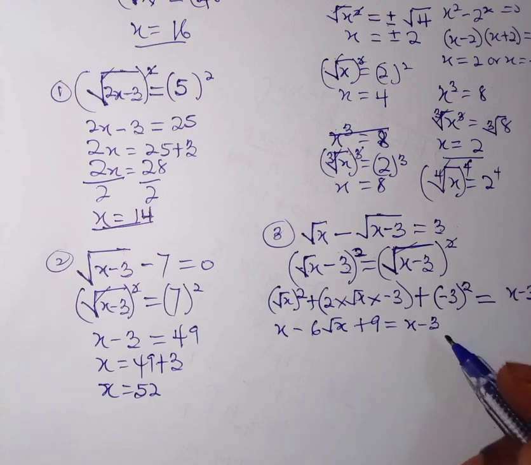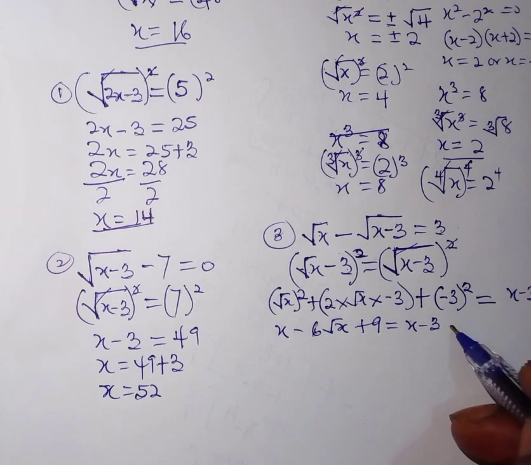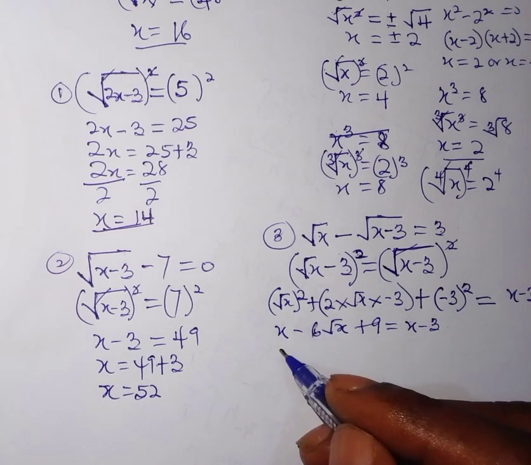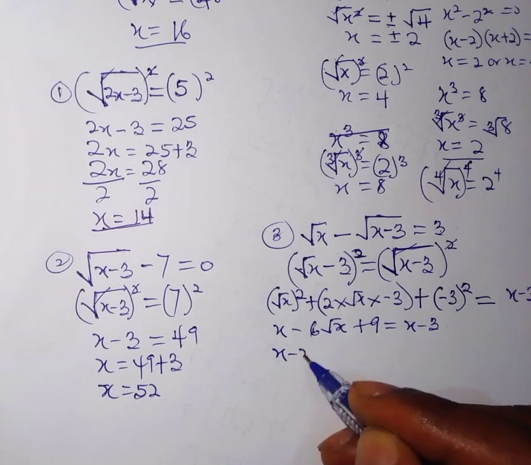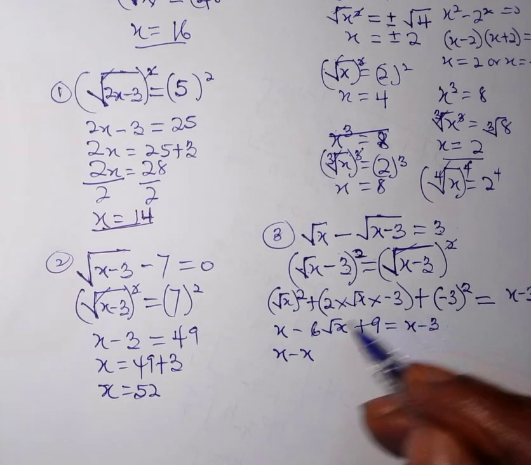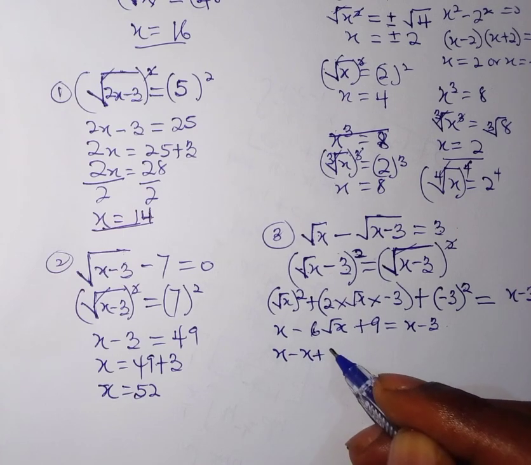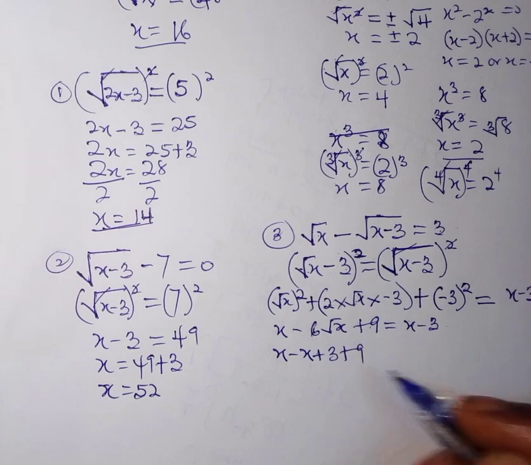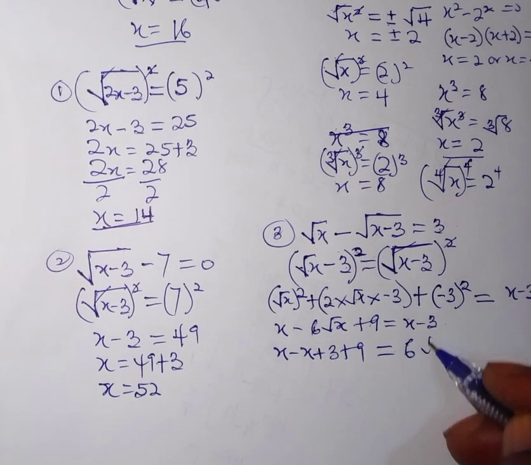So let's group like terms. Okay, I can decide to send this here and bring this here. So I can keep x here, bring this x here, so it becomes negative. Bring this 3 here, it becomes plus 3. Then maintain my 9, and then I will send this 6 here, which will give me 6 root x.